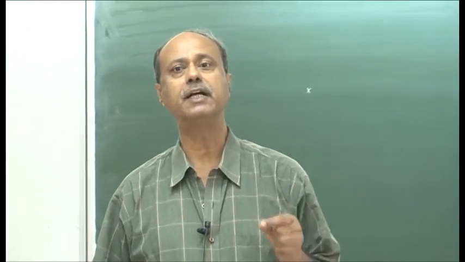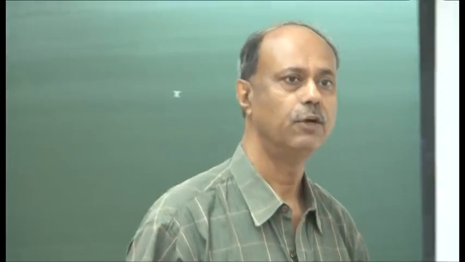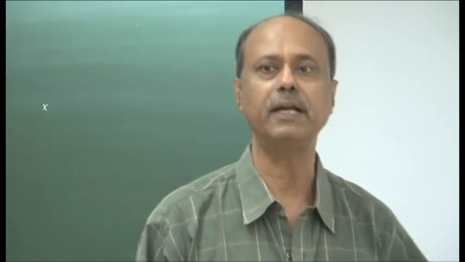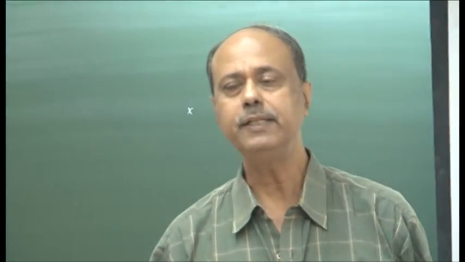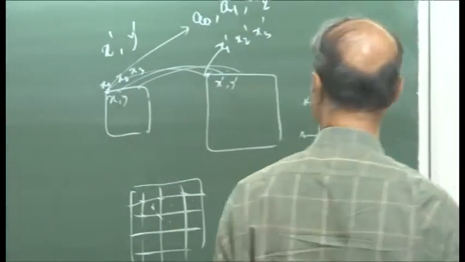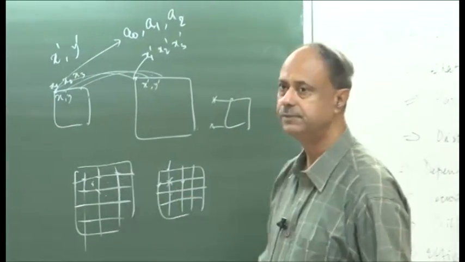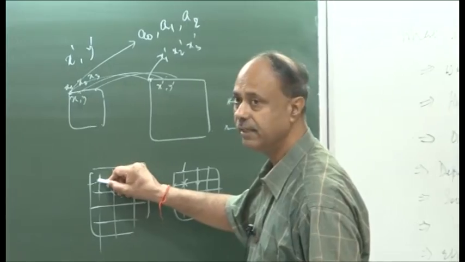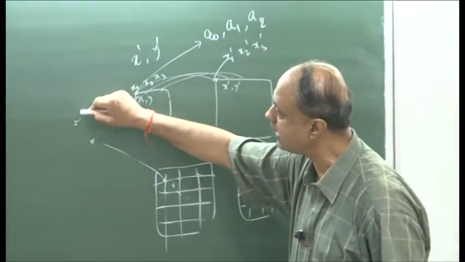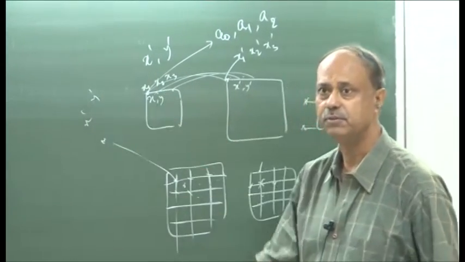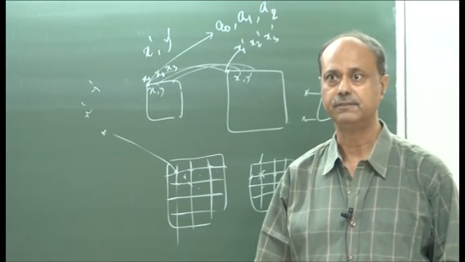So, obtaining the intensity value for the output image will be a little difficult if I follow that path. Instead of doing that, I take this as my output image. For each coordinate in the output image, what is my x and y in the input image? Can I find out? Just inverse transformation.